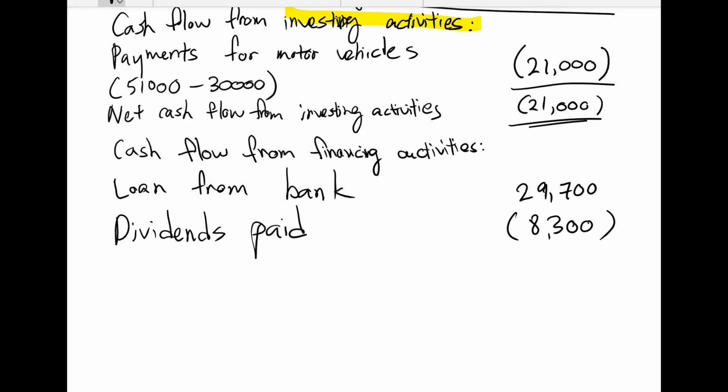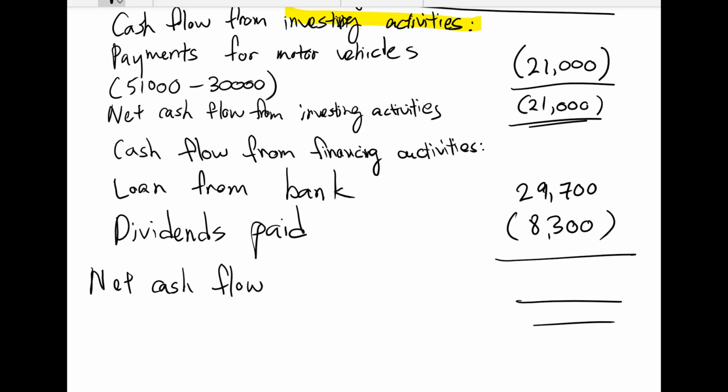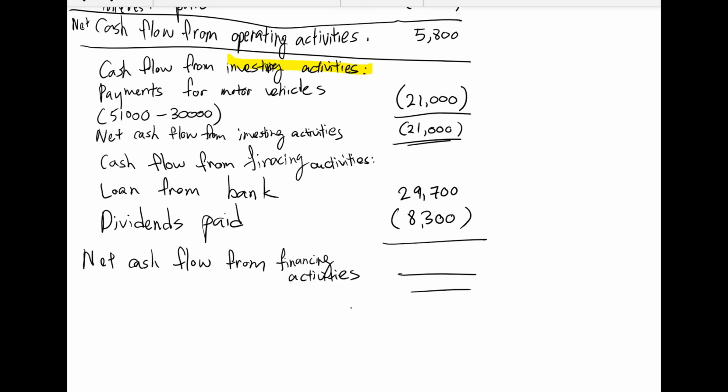Okay, so finally, find out your net cash flow from financing activities, which is 29,700 minus 8,300, which is equivalent to 21,400. Okay, so this is your net cash flow from financing activities.